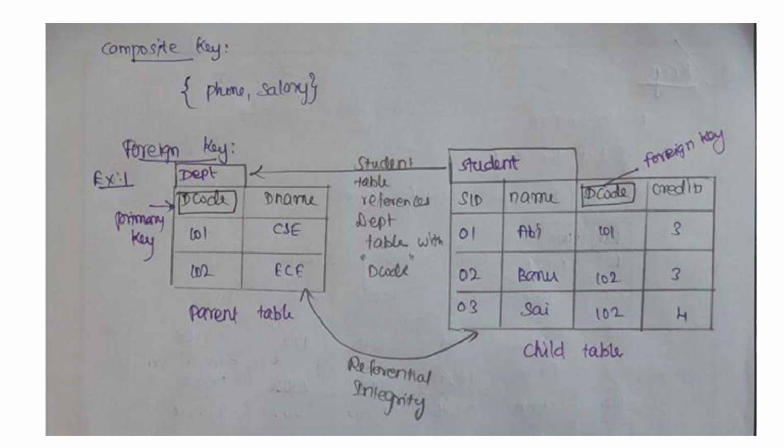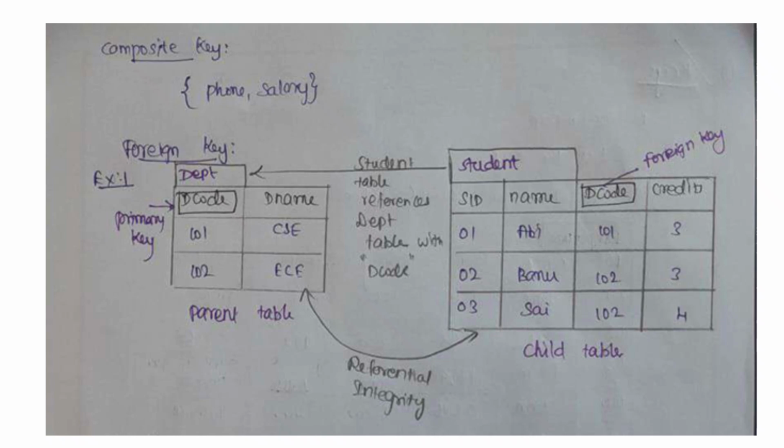So it will accept new entries for the student table only with the D code 101 and 102. If I want to insert the new code 103 into the student table, first we have to insert that into the department table, that is the parent table. Only if the parent allows can the child take the new value into this relation. So this is the concept of the foreign key.